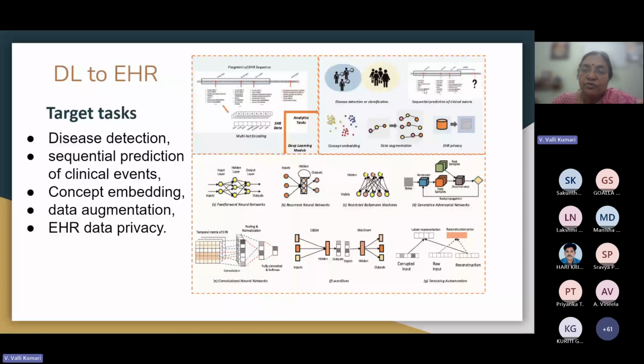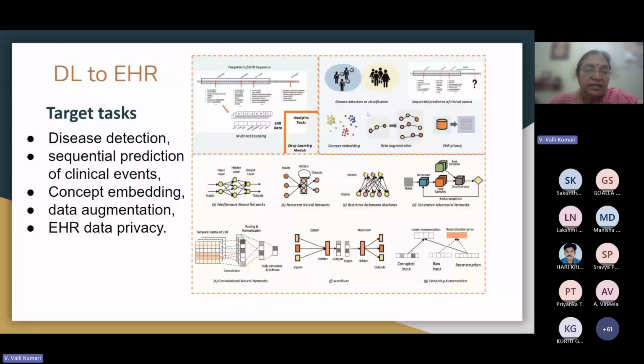Today there is cough, tomorrow it could be pneumonia or COVID. So sequential prediction of events. Then concept embedding. You have patient concepts, clinical note concepts, doctor related concepts. How do you generate embeddings for them?